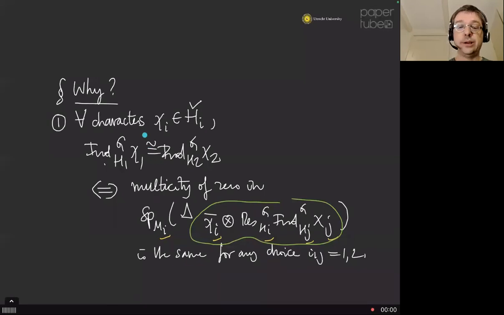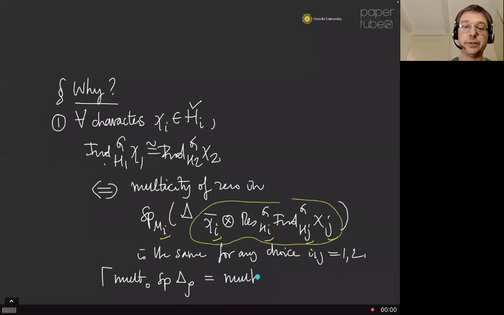Why? Essentially, the multiplicity of 0 in such a Laplace operator is the multiplicity of the trivial representation in the representation. So maybe I'll write this down. The multiplicity of 0 in the spectrum of the twisted Laplace operator is the multiplicity of the trivial representation in the decomposition of the representation into irreducible representations.